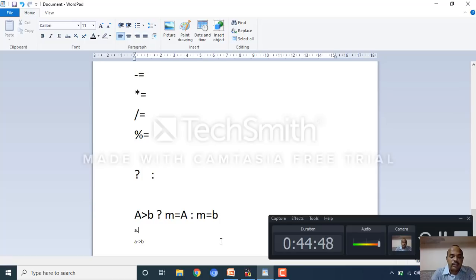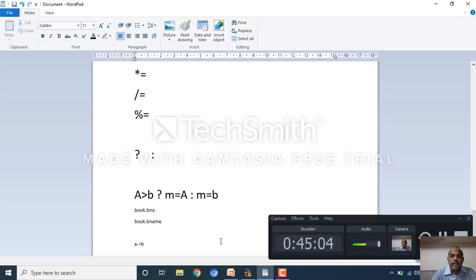Here a dot, or for example book dot bno, book number, then book dot bname. Okay. Similarly, while using pointers, book, then member operator, then bno, similar.